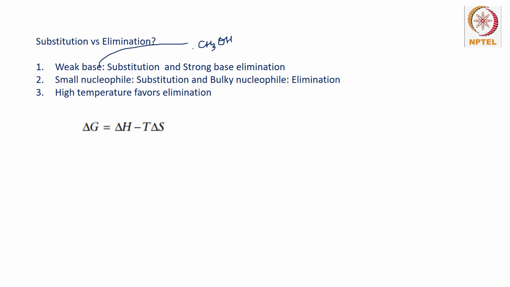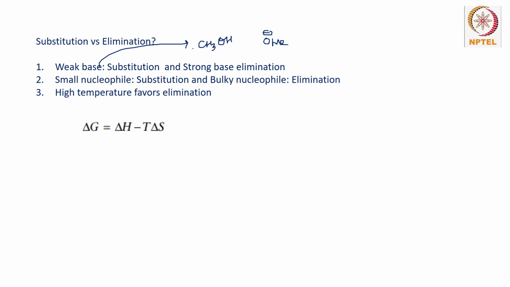This weak base will undergo substitution. But if it is OMe minus, due to the negative charge it is a highly strong base, and this type of strong base will undergo an elimination reaction. So if some reaction is given where you have methanol, first you think about substitution, and if it is OMe minus, you think about elimination.